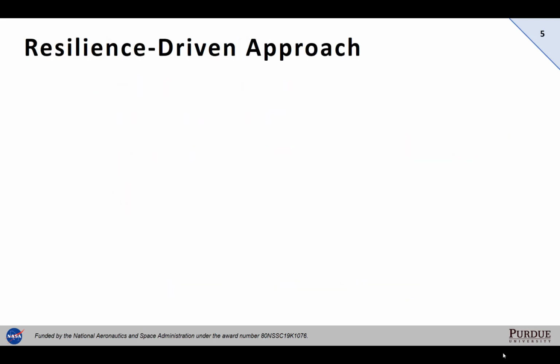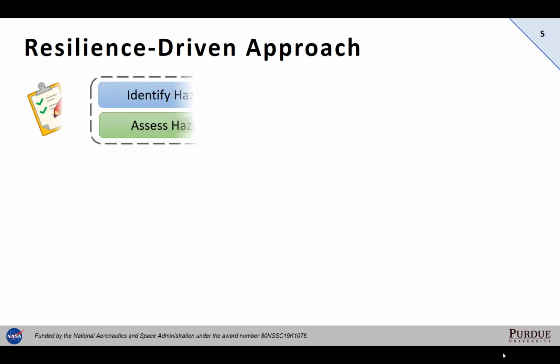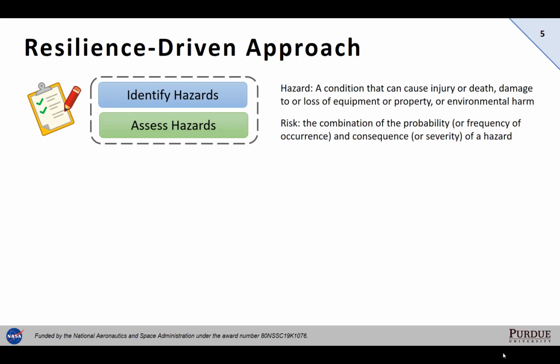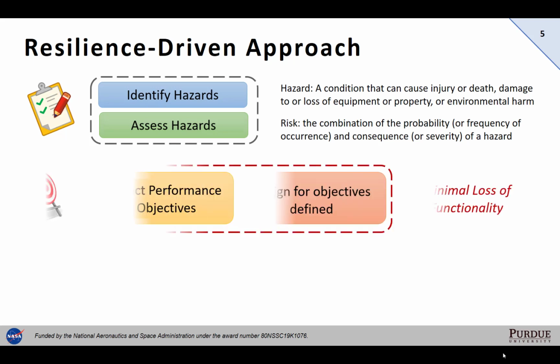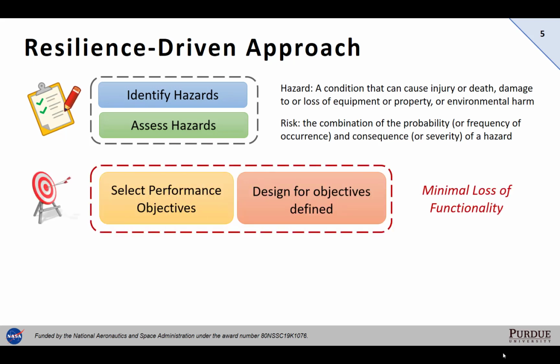What are the general steps for a resilience-driven approach? First, we need to identify the hazards, by knowing what are the conditions that cause injury or death to people, damage or loss of equipment, or that can harm the environment. We assess these hazards by defining the risks. And risk is the combination of how frequent an adverse event occurs and what are its consequences.